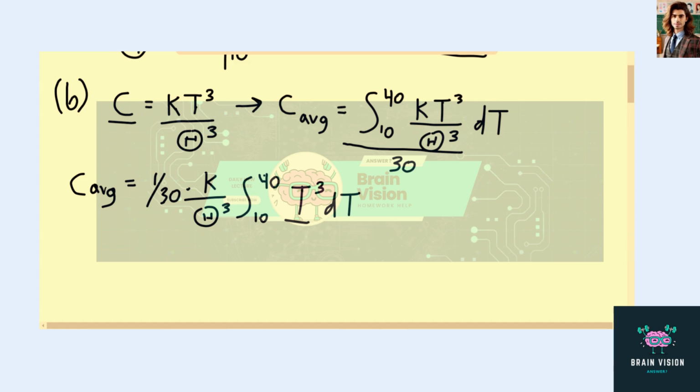So this will be K over 30 times theta cubed times T to the 4 over 4 from 10 to 40.